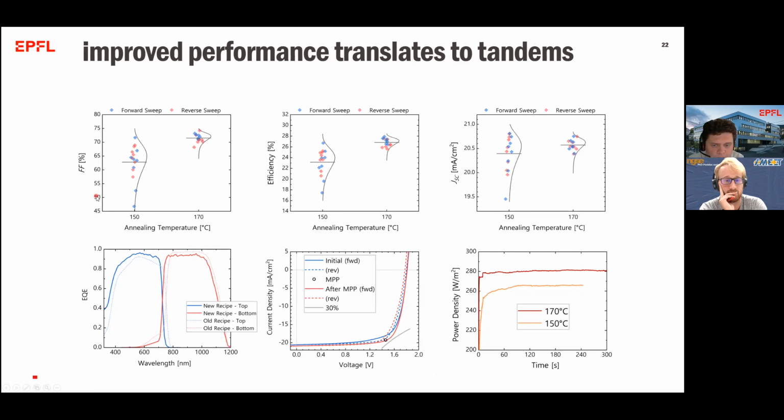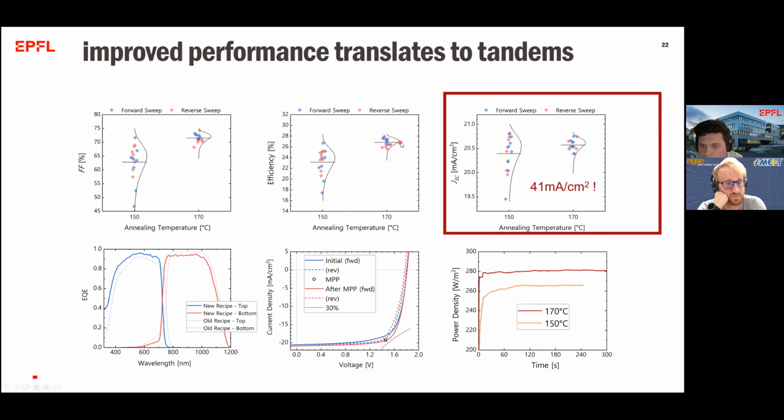Okay, finally, let's take a look at the tandem performance. So when we actually use these in tandems, as said, we get an improvement in fill factor. The VOC stays basically the same. And what is noticeable is that we got quite highly efficient tandems. So we get a very high current, impressively high.